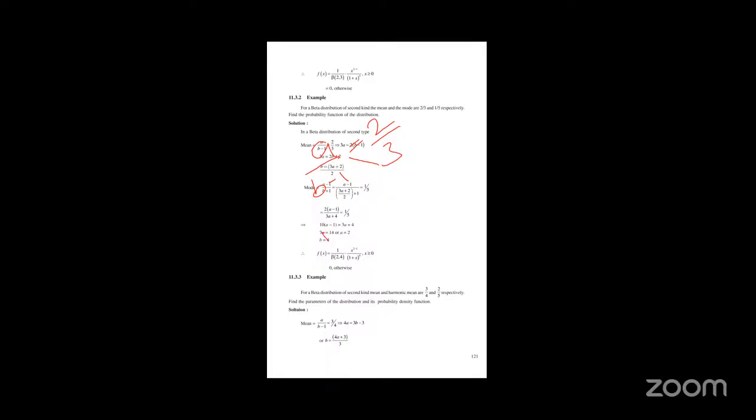So 3a is equals to 2 into b minus 1. So 3a is equals to 2b minus 2. So what happens, this comes this side, 3a plus 2 equals to 2b.